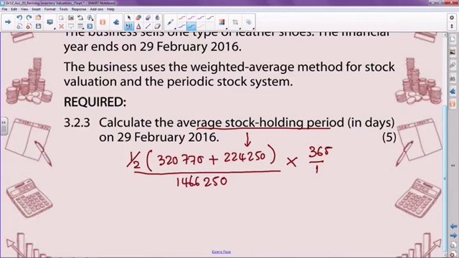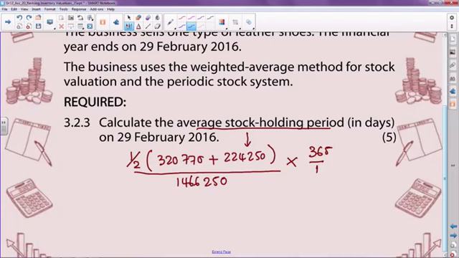Certainly you would. Why? Because it's a principal mark. It's a calculation that you had done prior to this, and whatever answer you got there, if you use that in this calculation, you would get the mark. The same applies to this cost of sales. If we do this calculation, we're going to get an answer. Let's do our calculation.